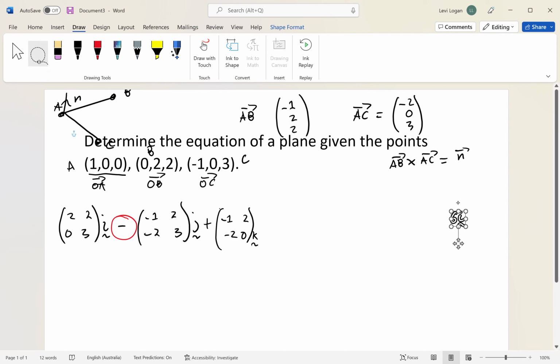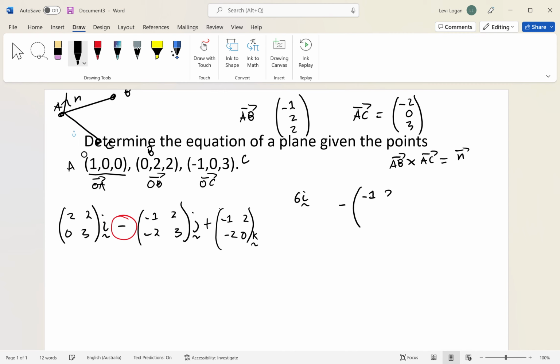So I'm just going to get rid of that now, and I'm going to move this up here. And now we've got this matrix here, so we have a negative, negative 1, 2, 2, 3. So we need to multiply these two. Remember, we're going to have a negative outside the entire thing because we have this negative here.